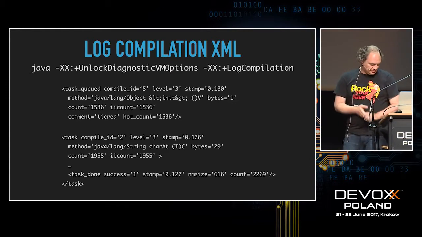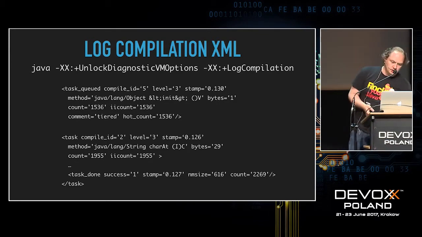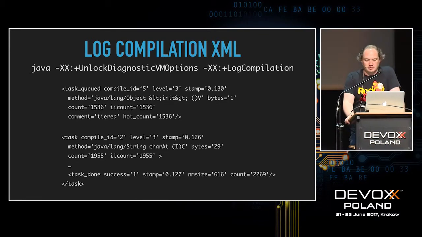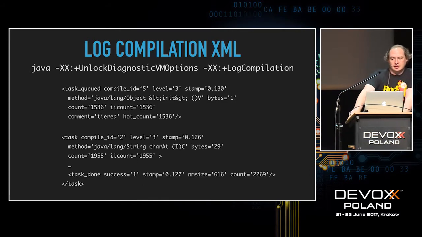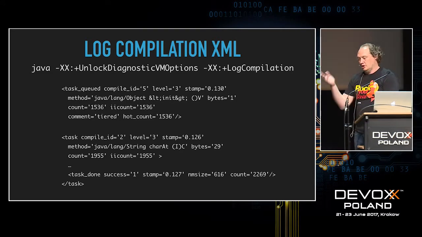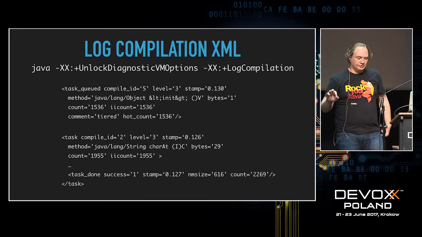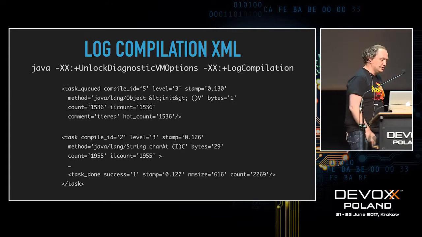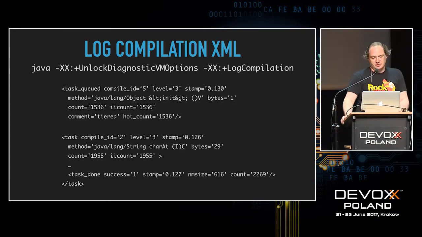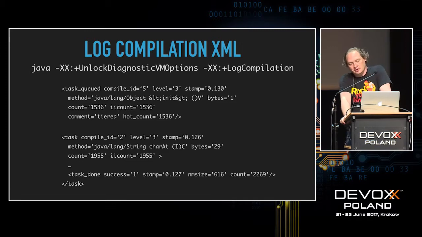What JITWatch is actually reading is a file called, well, I call it log compilation XML. You produce this by doing unlock diagnostic VM options, log compilation. Those do have to be in that order. You have to unlock first to be able to use log compilation. And it produces this rather gnarly XML file, but it does contain a lot of interesting information that you're not going to get through print compilation or even through JITWatch.